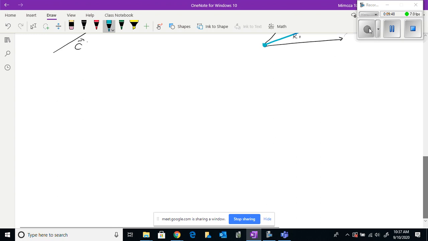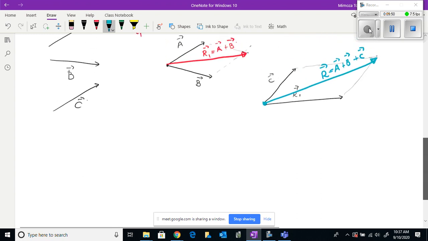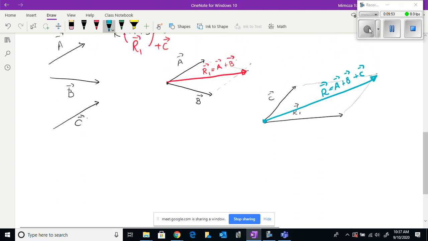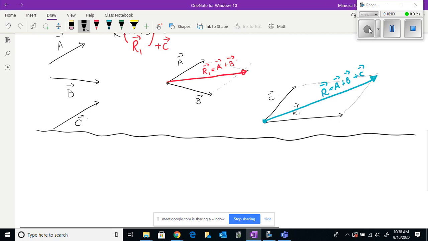But the closed polygon method is very easy when we have more than 2 vectors, because look what we do. So we take the first vector, vector A. At the tip of vector A, we place the second vector, vector B. At the tip of vector B, we place vector C. And then we close the polygon.